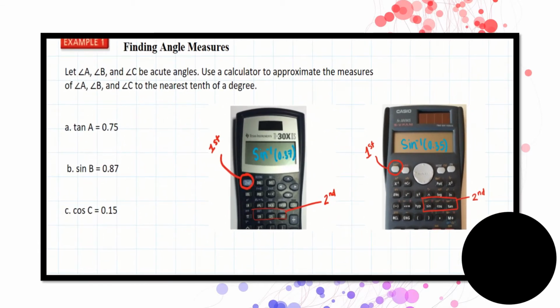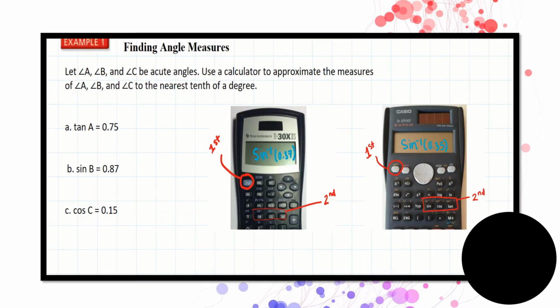To do that, let's go ahead and review what buttons we're going to press or click on our calculators here. I give you guys a picture of the two different ones that we have. So look at the picture that matches your calculator.